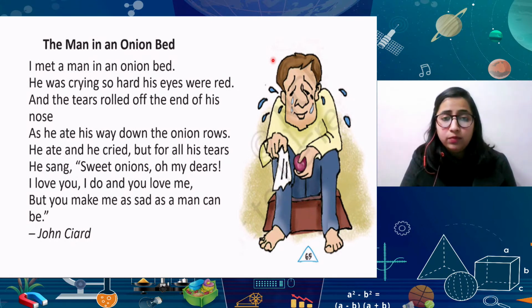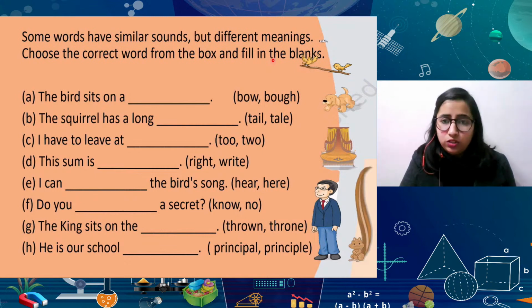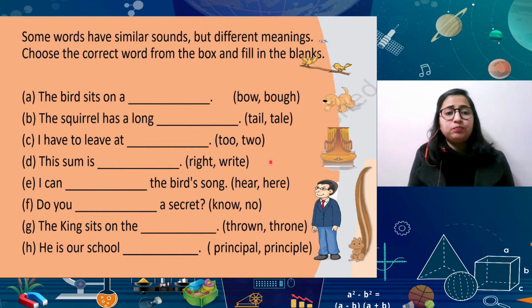But this time we don't have a poem, we just have a few sentences. Because this activity is in your textbook, I'm going to share a few examples so that you can do the rest at home, and share with your teachers and friends.